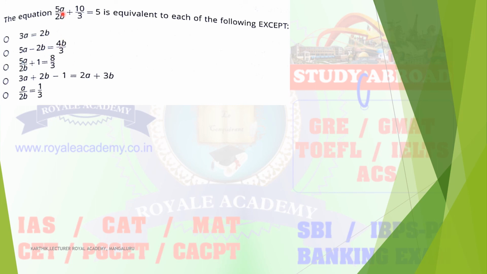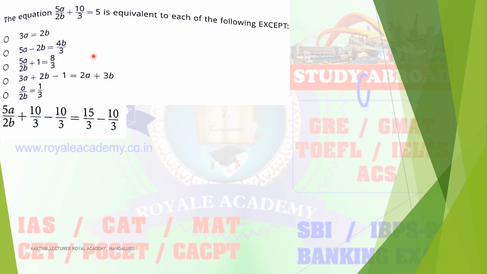First simplify the equation to get the values of a and b. Once you find the values of a and b, substitute them into the following equations. Then the expression where the left hand side value is different from the right hand side value is not equivalent.